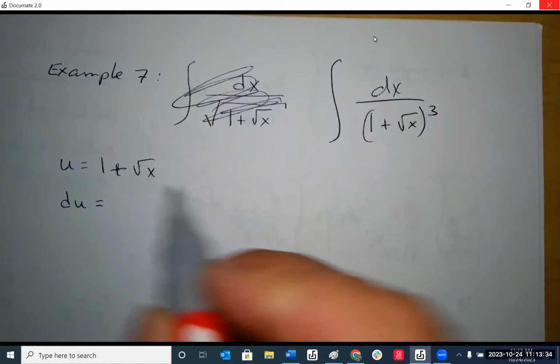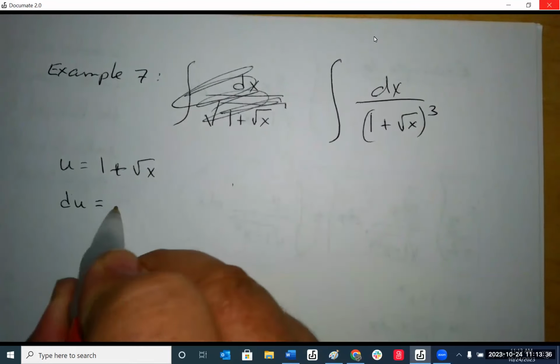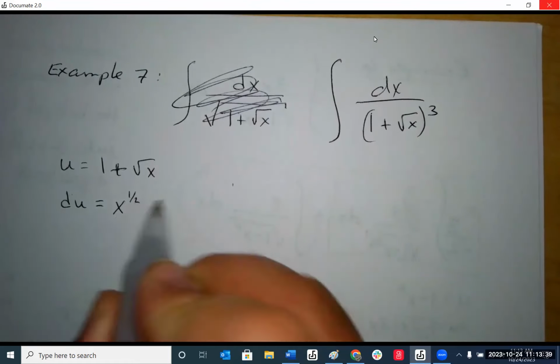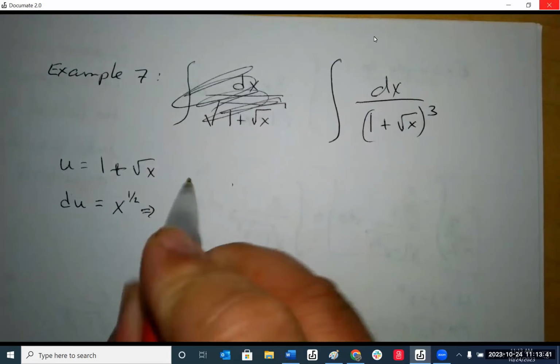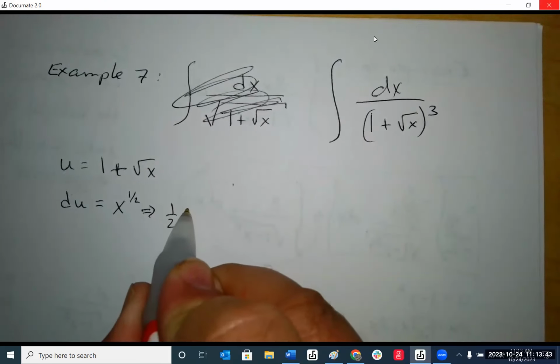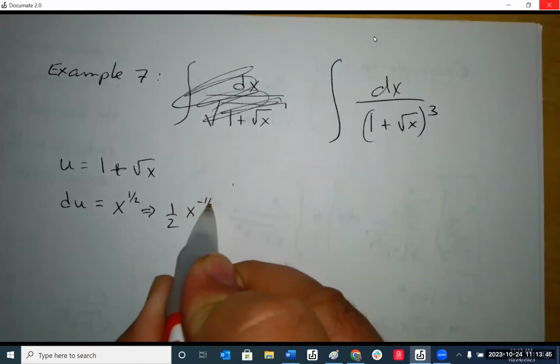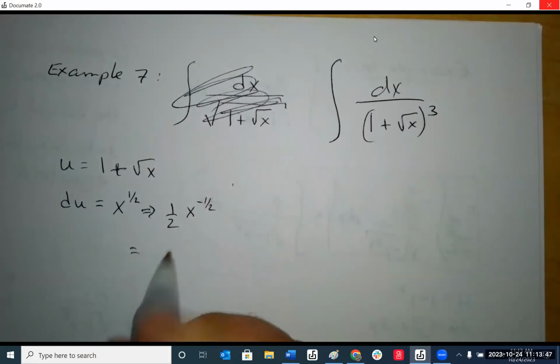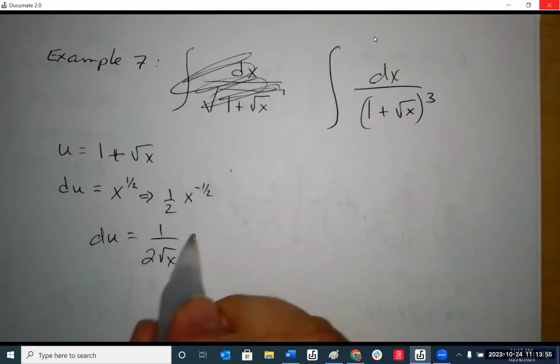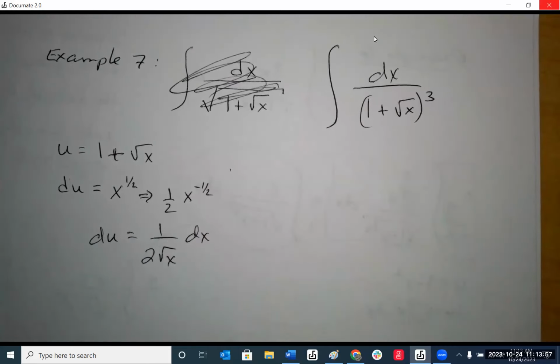So the derivative of square root of x is 1/2 x to the power -1/2. So it's 1 over 2 radical x dx. So does that help us any?